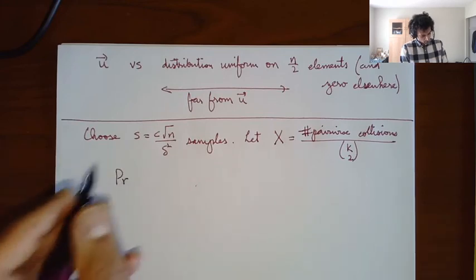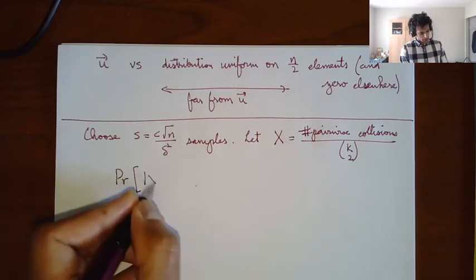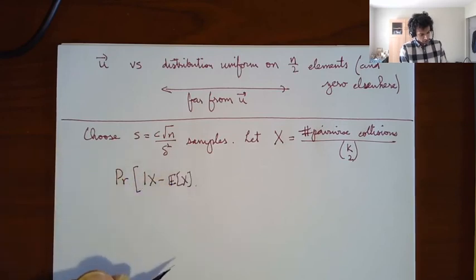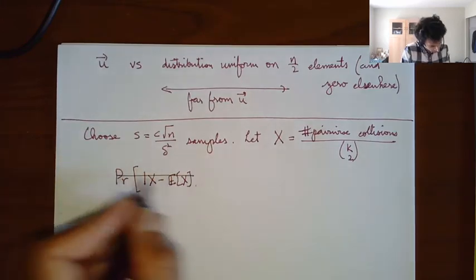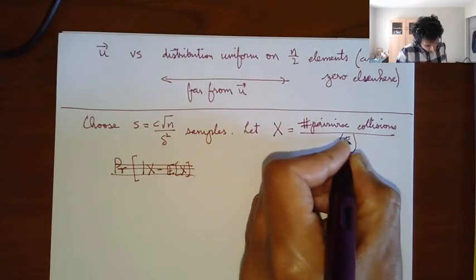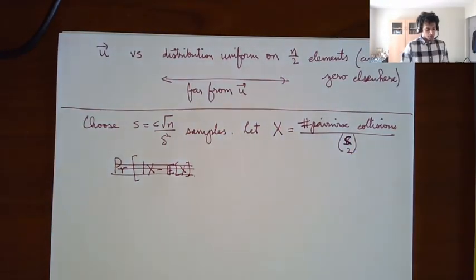So it turns out that I'll get the typical deviation bound. But sorry, let me first look at this random variable.